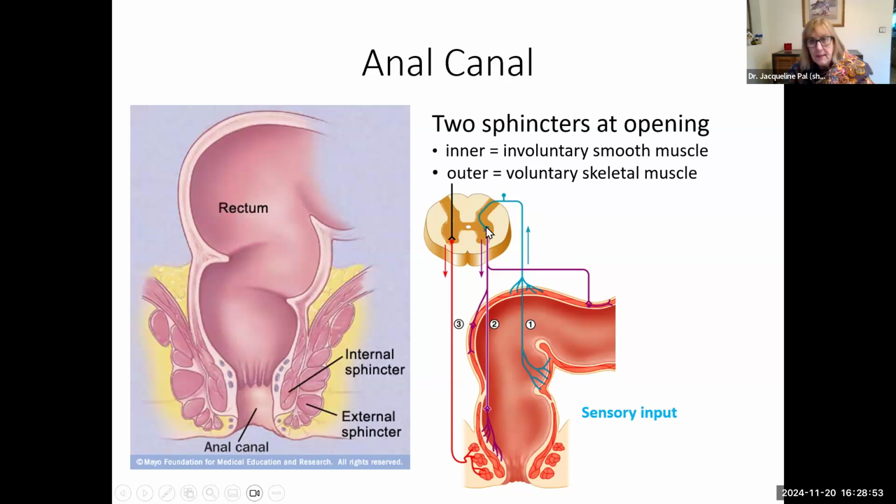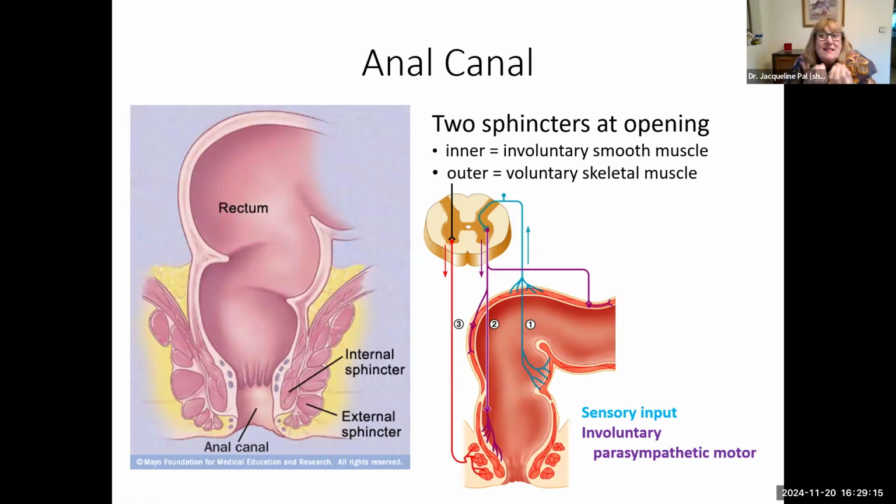And they send a parasympathetic message down to the internal sphincter, which is smooth muscle. And it has that smooth muscle relax as a result of the stretch of the rectum up above.